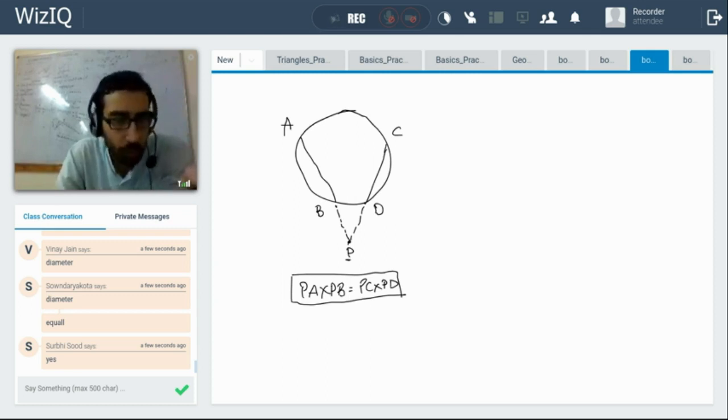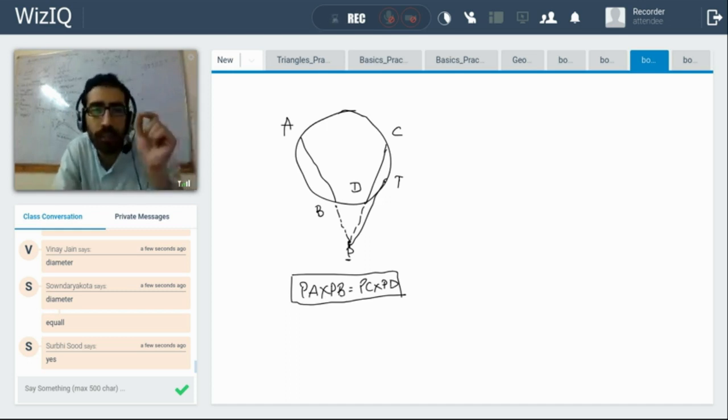In fact, let me also mention here that if from this external point a tangent were drawn to the circle, let me draw a tangent from this external point, and let the point of contact be T, so the tangent is PT.